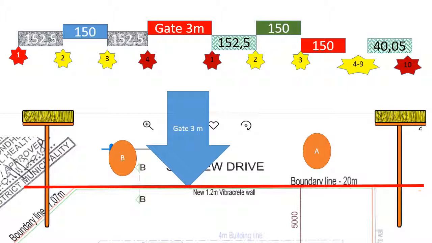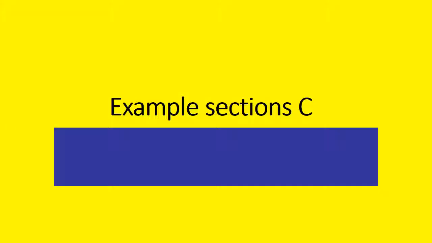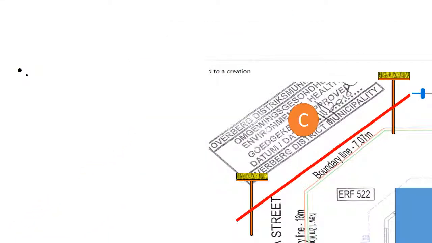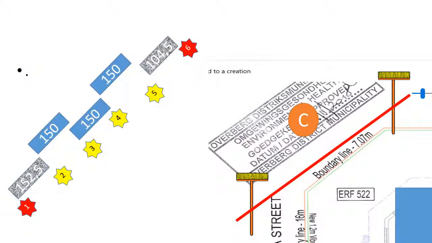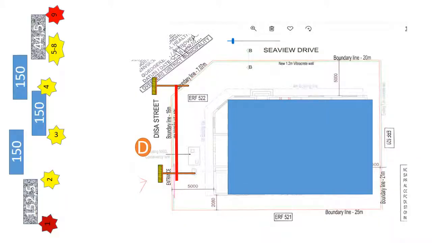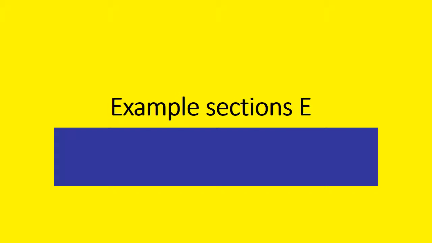I inserted a driveway gate because the other part of my house won't be accessible, and this is what I've done in the meantime. There you can see there are 10 holes in that section. You can take your time to go through the example in section C, as well as section D and section E.